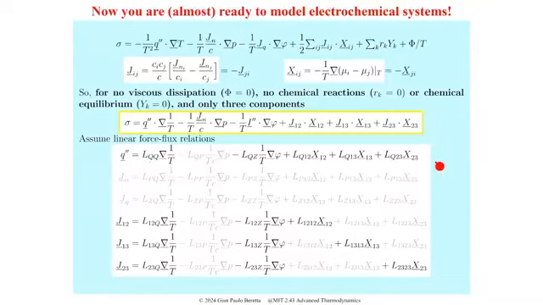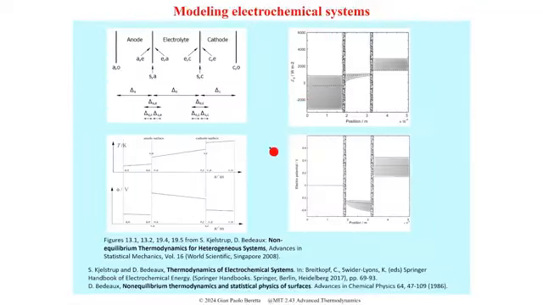The typical models are done this way, with this interdiffusion taking up only the diagonal ones, and often forgetting these other more complicated or second order, maybe, cross effects. But if you are interested in modeling electrochemical systems, then these are the references that you should not overlook.